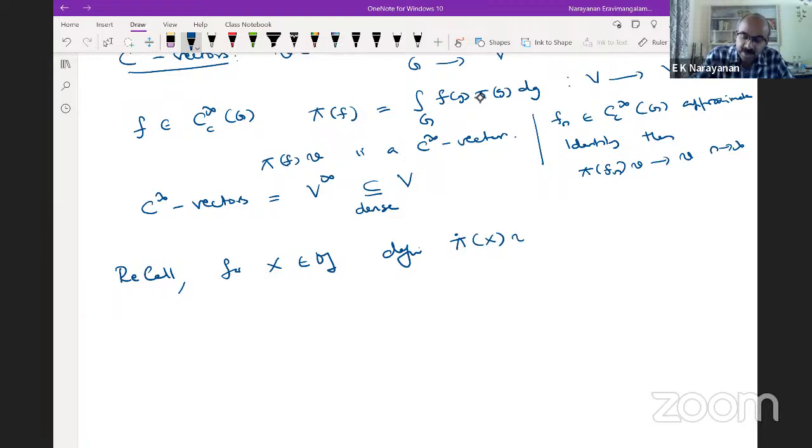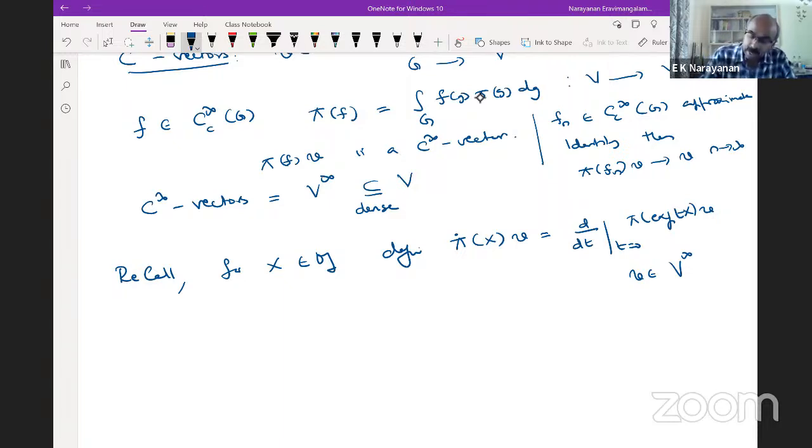Acting on a C infinity vector v, it is d by dt at t equal to 0 of pi(exp(tx)) acting on v. Since v is a C infinity vector, t going to pi(exp(tx))v is a differentiable function, and its derivative is pi dot. So pi dot exists. If you think of pi(exp(tx)) as a one parameter unitary group, then pi dot exists using Stone's theorem, if you like.